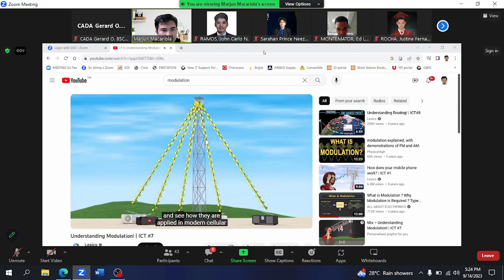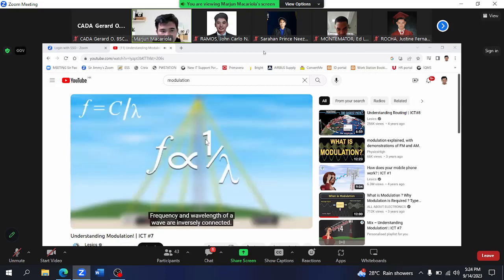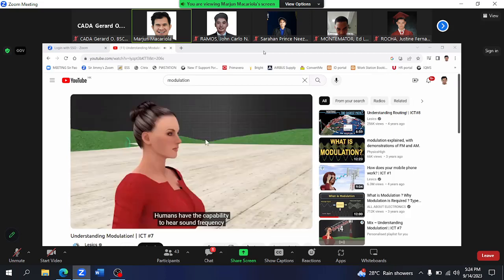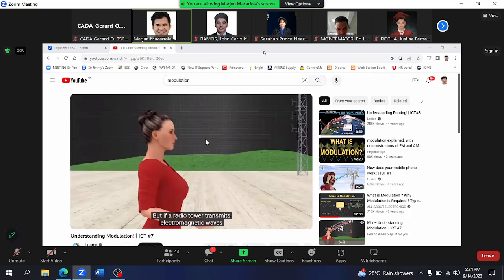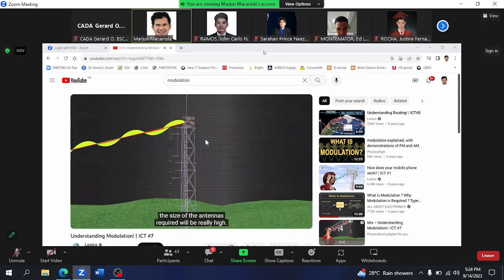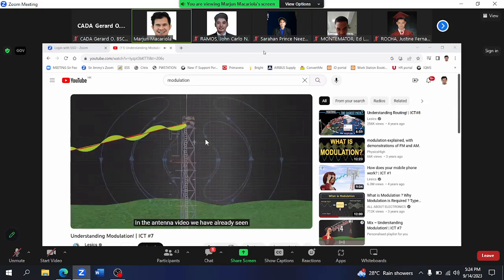Frequency and wavelength of a wave are inversely connected. Humans have the capability to hear sound frequency from 20 Hz to 20 kHz. But if a radio tower transmits electromagnetic waves of the same frequency, the size of the antennas required will be really high. In the antenna video, we have already seen that the size of the antenna is proportional to the wavelength.